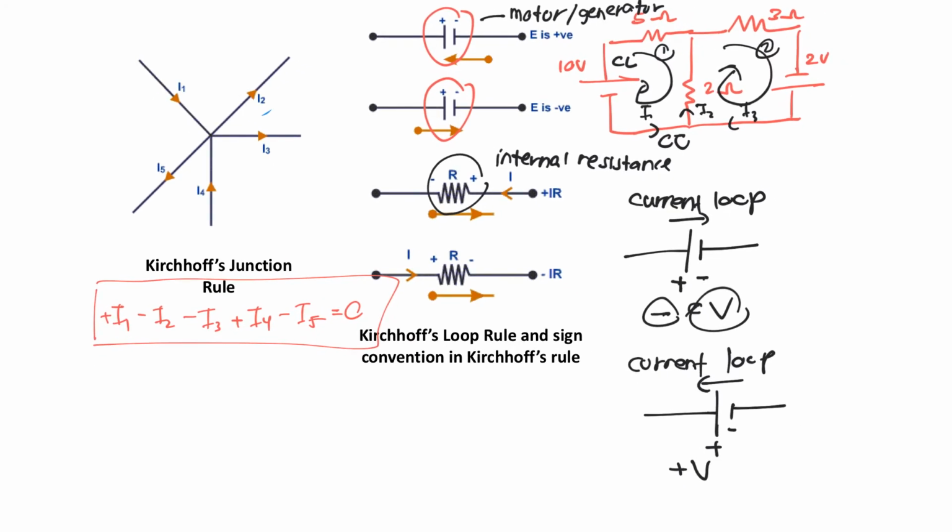So what about the resistor? For the resistor, the internal resistance is also counted in this rule. For the resistor, you need to look at the current loop, which is your assumption, and also the current inside the circuit, the current circuit, which is the one the question gave to you.